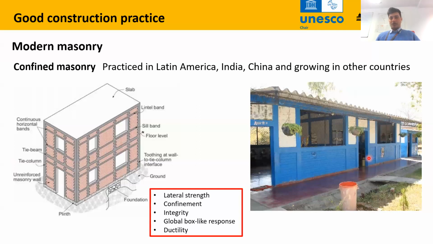That was mostly about unreinforced masonry. Due to the inherent weaknesses of unreinforced masonry, we started developing modern masonry, and it has been practiced in several countries across the world, and they are growing. In confined masonry, we have confining ties and columns binding all the masonry, improving the integrity of the masonry walls. It also imparts some level of ductility at the global level.